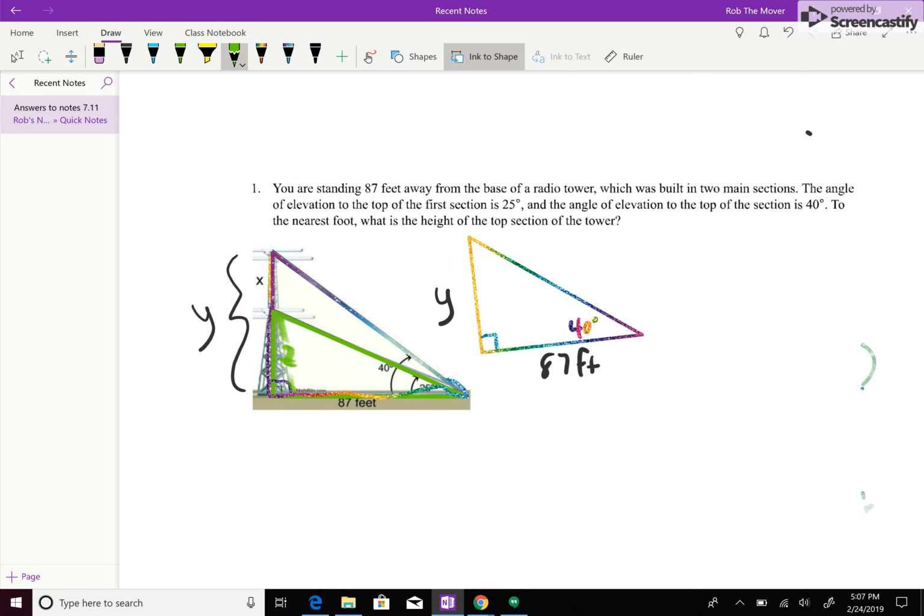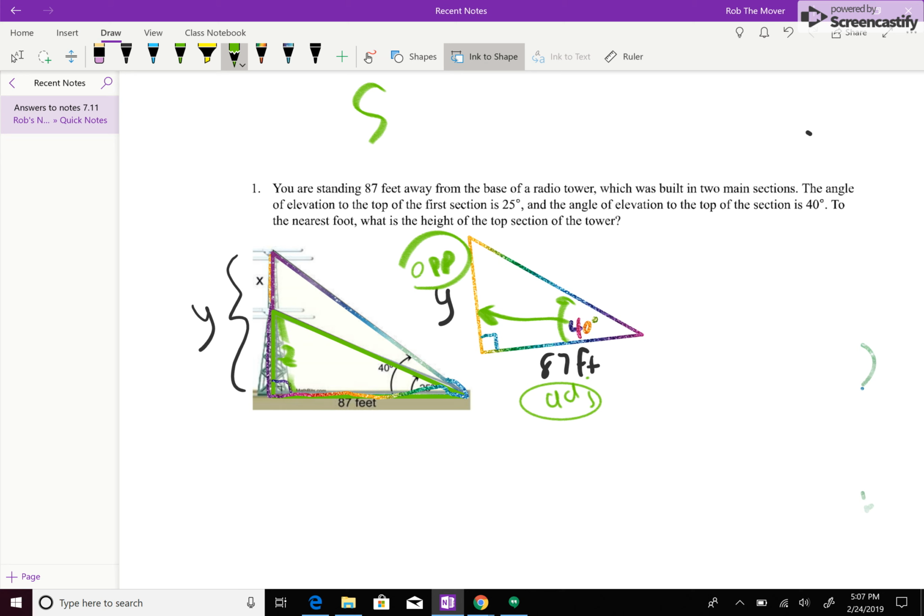Now Y is going to be, this is the opposite side, right? And this is the adjacent side of the angle that's 40 degrees. So now, opposite and adjacent. We want the opposite. We know the adjacent. We have the angle associated with those sides.